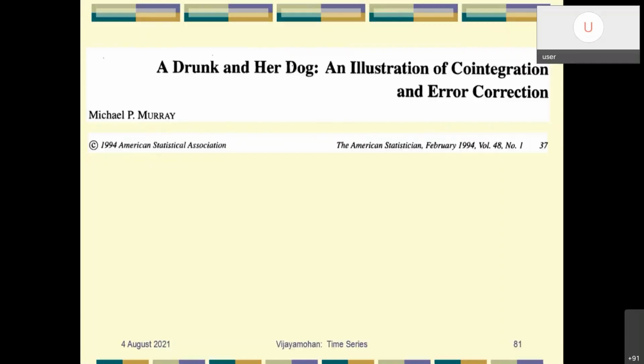How? Because both of them have random walks, even though the drunk woman is wandering here and there, and the dog also is wandering here and there. Both of them will go together. The drunk woman often will call. See, the dog's name is Oliver. So she will call, Oliver, where are you? Oliver, where are you?